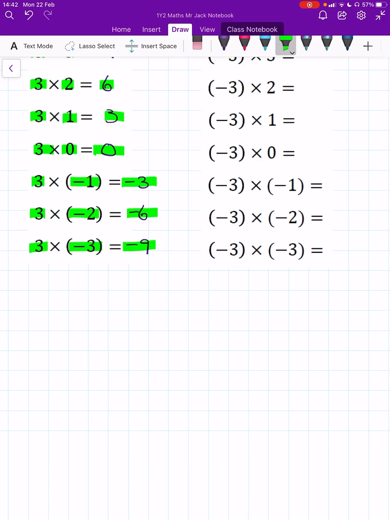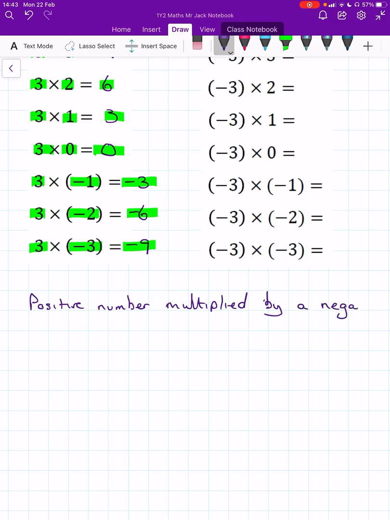So that looks to me like we have a positive number multiplied by a negative number gives a negative answer.